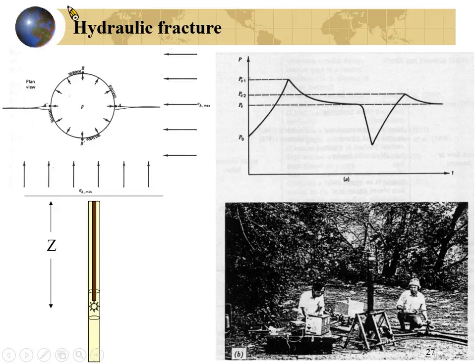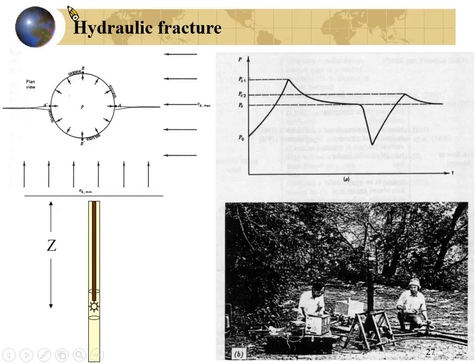For the second time, you don't really need to make the rock fracture, because the rock is already fractured. So the only thing you need to do to make the water flow out is overcome the stress applied on your rock. So that is the difference between these two.